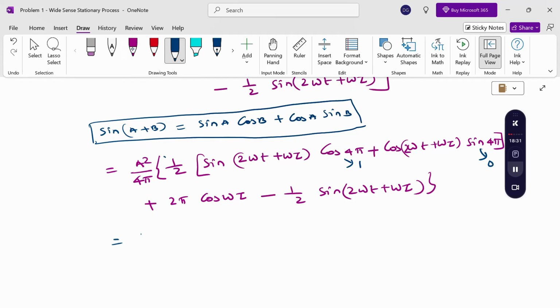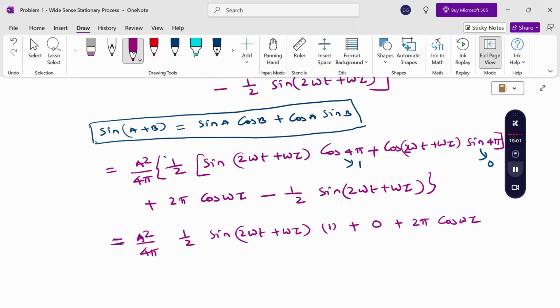Therefore, A squared by 4π, 1 by 2 sin(2ωt + ωτ) times 1 plus 0 into any term is 0, plus 2π cos ωτ minus 1 by 2 sin(2ωt + ωτ). Now cancel these two plus and minus terms.